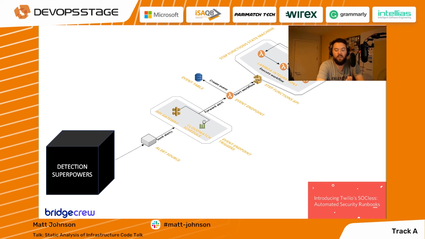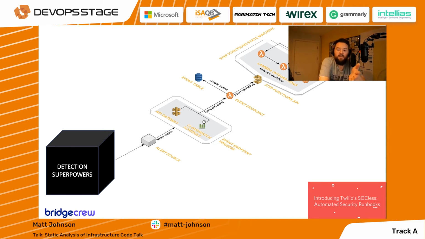There's this great blog and this great open source project by Twilio called Sockless. What they've basically done is used a load of Amazon primitives like lambdas and step functions to create automated remediations for any of your infrastructure security detection. These might be any existing alerting, any existing logs that you're filtering for certain events, or something coming from Checkov, which we'll show you in a moment.